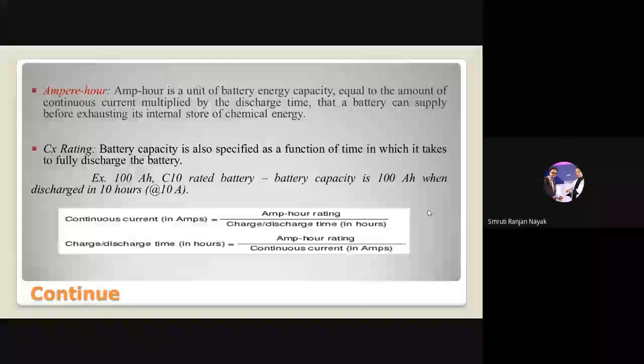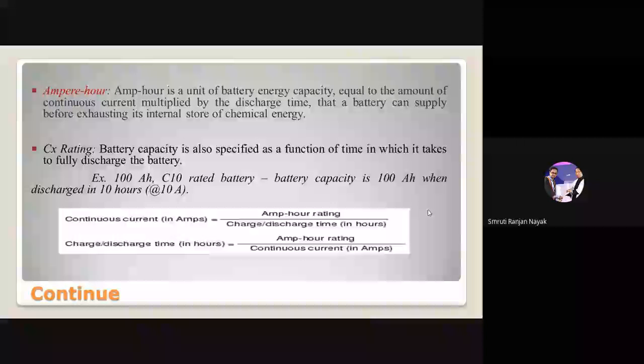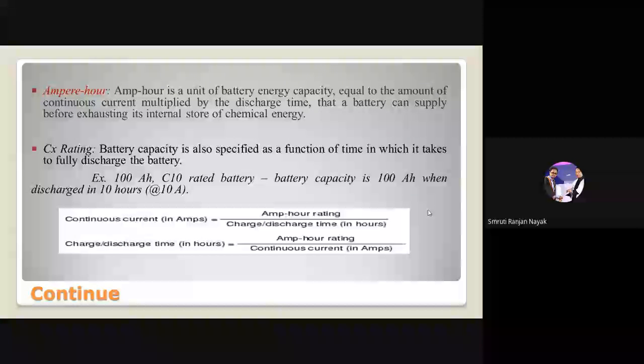But in our power plant designing system, we must use a C10 rated battery so that charging and discharging of the battery will be synchronized. So it is the general formula for continuous current in amperes, that is ampere hour rating for charge or discharge time in hours.